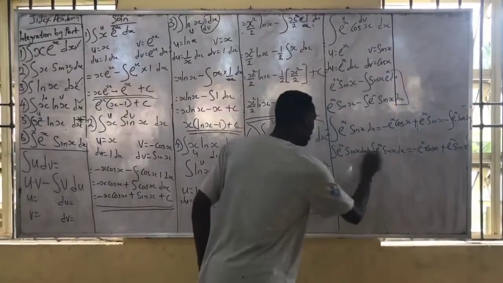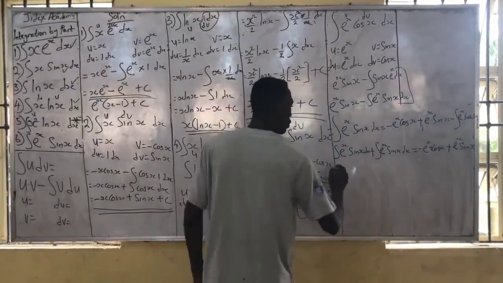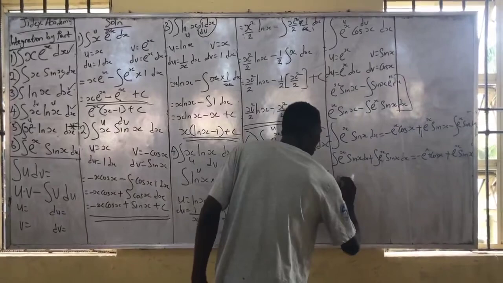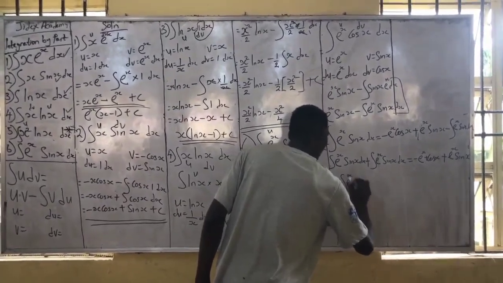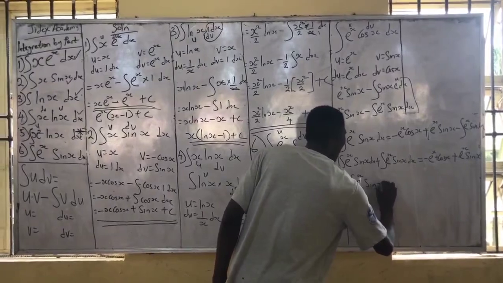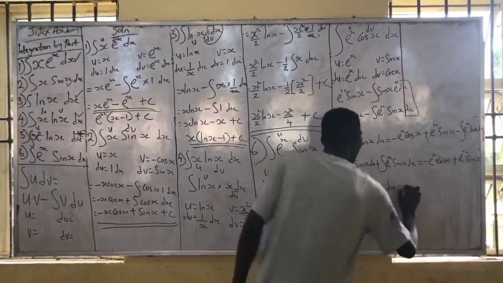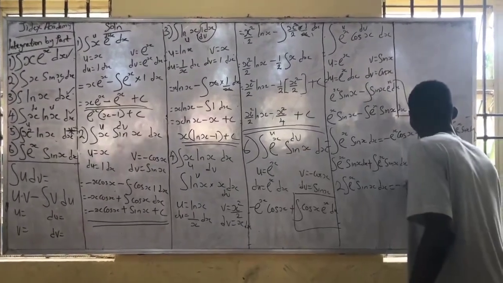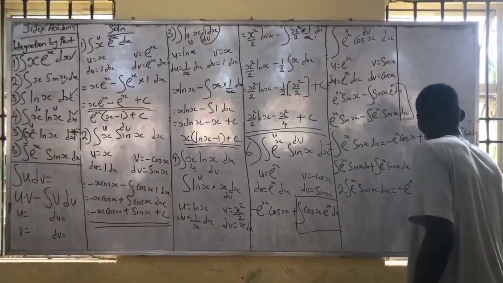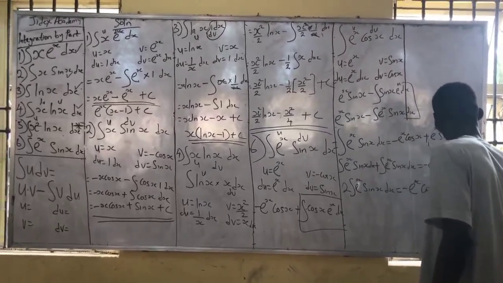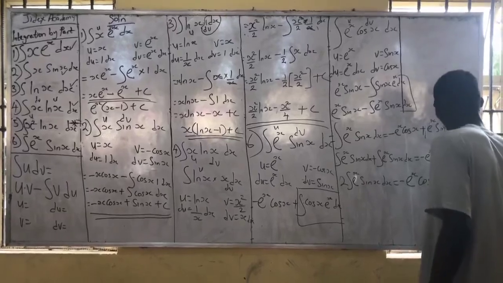Therefore we can say that 2 times the integral of e to the power of x sine x dx is equal to, we cannot rewrite this, minus e to the power of x cos x plus e to the power of x sine x.